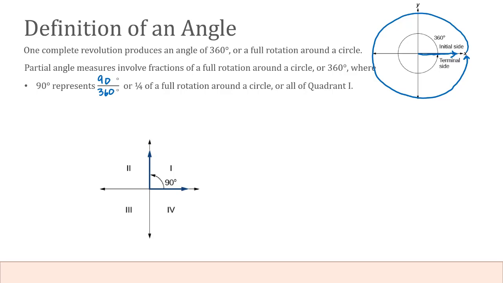If we reduce that fraction, not only does 90 over 360 reduce, but also the degree units cancel out. That leaves us with 1/4 of a full rotation. So 1/4 of that complete circle that we saw puts us in the first quadrant.